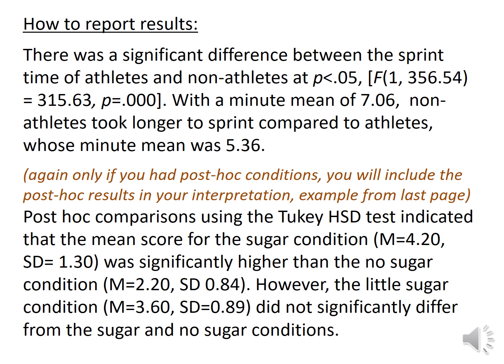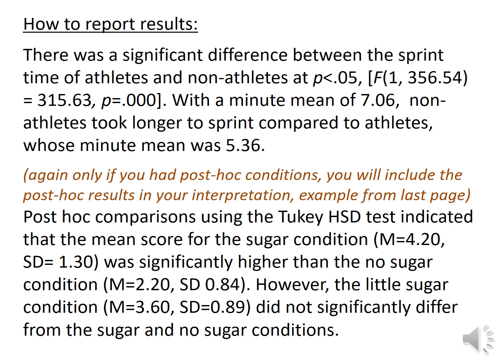This is again coming from the former pages. So you declare that post hoc comparisons using the Tukey HSD test indicated that the mean score for the sugar condition, with a mean of 4.2 and standard deviation of 1.3, was significantly higher than the no sugar condition, with a mean of 2.2 and standard deviation of 0.84.